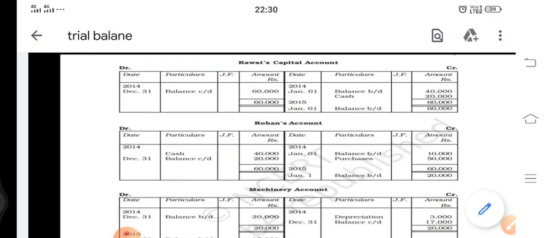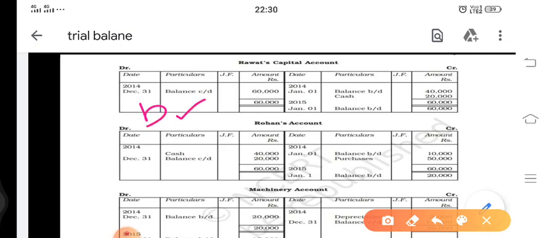So if your credit side is greater than the debit side, it means that you have a credit balance. And if your debit side is greater than the credit side, it means that you have a debit balance. And we can simply remember it: if balance carried down is at debit side, we'll adjust the balance on trial balance at the credit side.